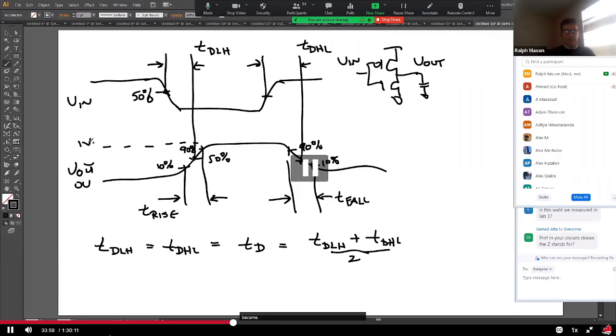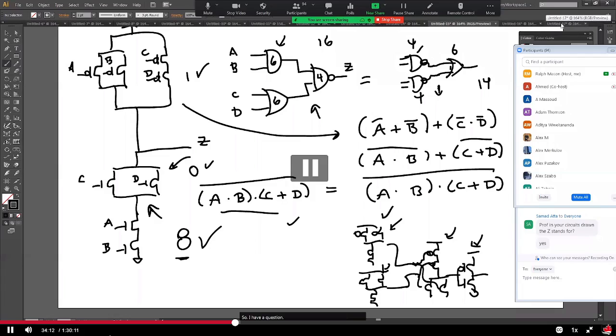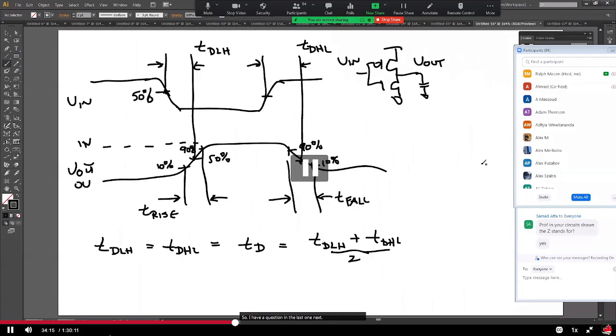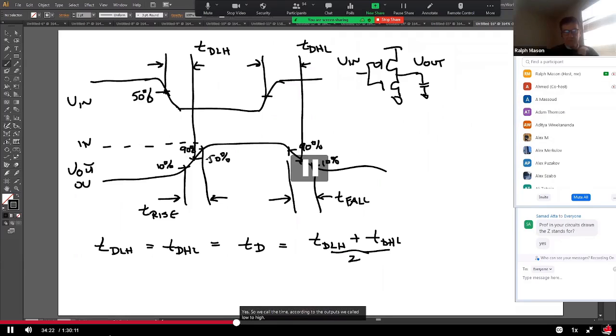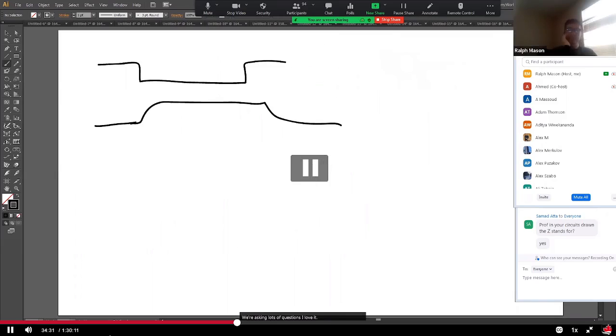In previous slides, Z was just over here. I just called Z the output. That was the name of the output signal. I have a question: we call the time according to the output, we call the low to high on the output, right? Yeah, on the output. You guys are asking lots of questions. I love it.